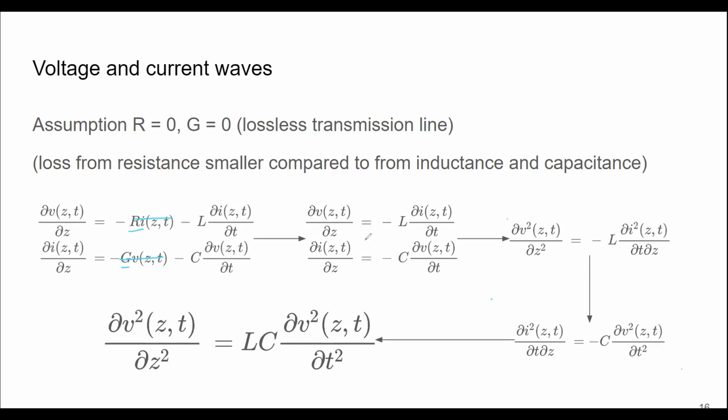Because of that, once we have the term ∂I/∂t, we substitute it using the other equation, the second equation. Since these two terms are equal, we can substitute the minus C ∂V/∂t here, and remove the effect of the current from these equations.